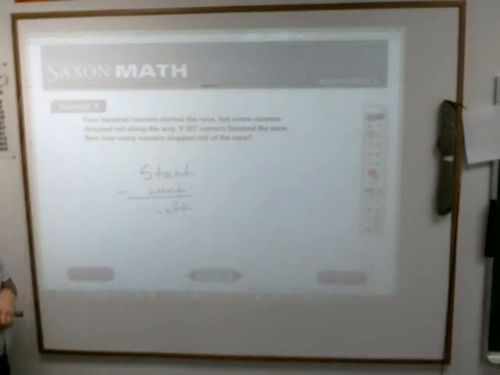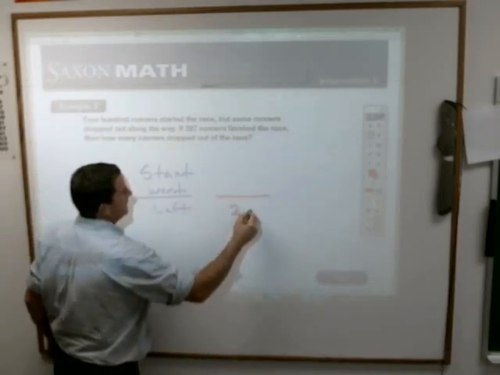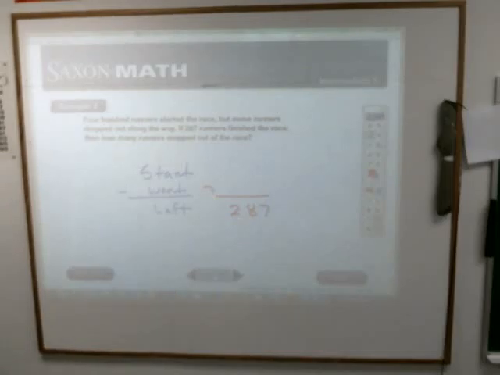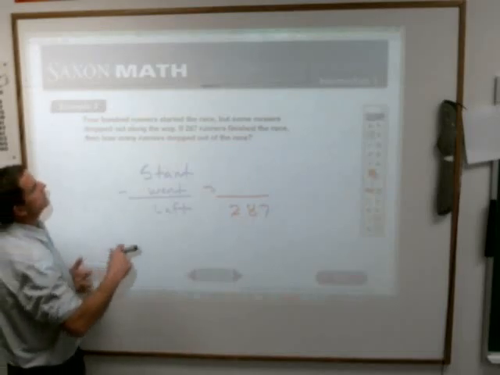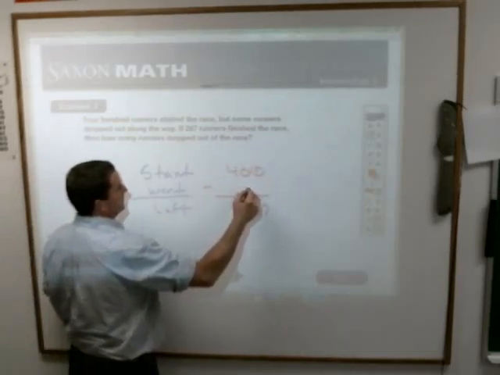So where did that go? What was left? That's how many were left. I love it. 287 were left. Do I know how many I started with or how many went away? Maggie Jones. They started with 400 runners. There you go. Started with 400, and I don't know how many people went away.